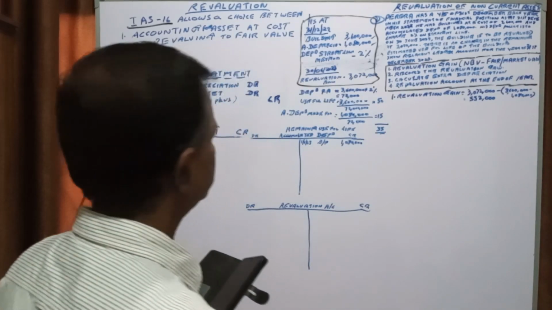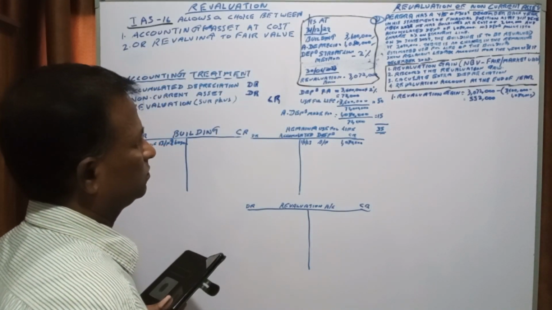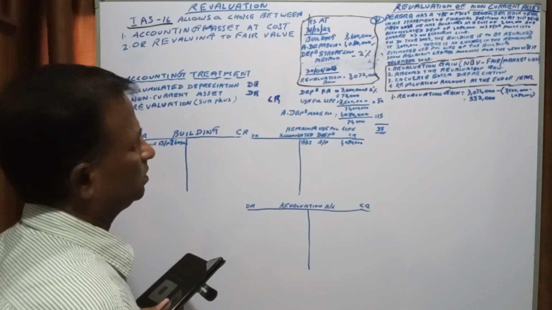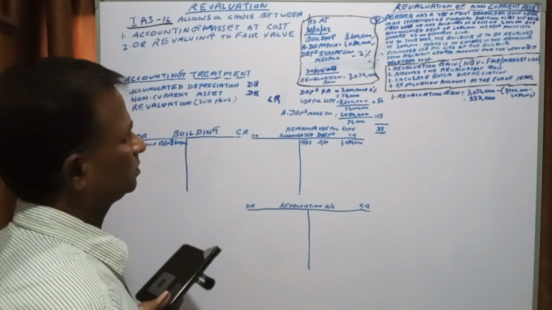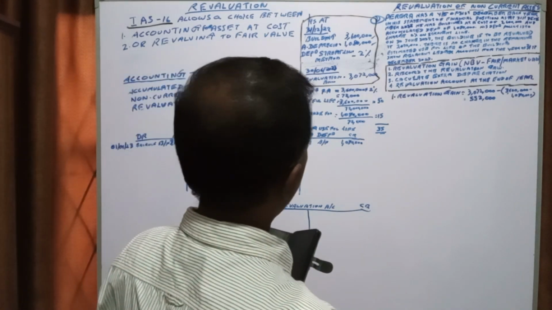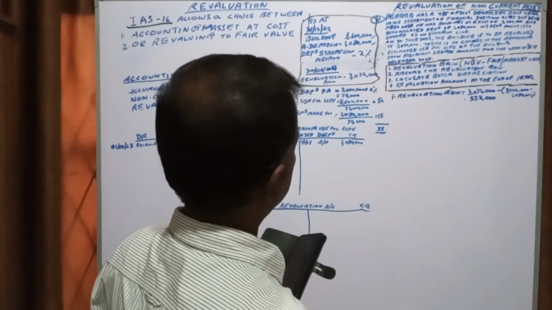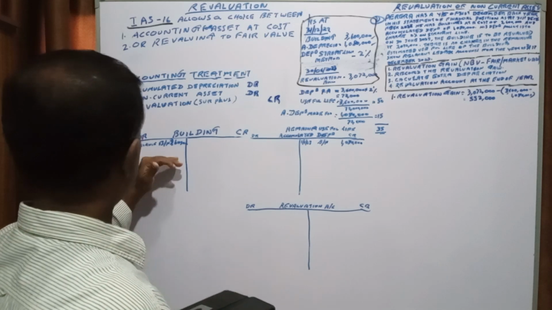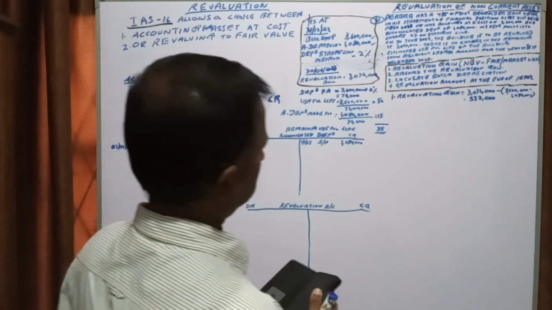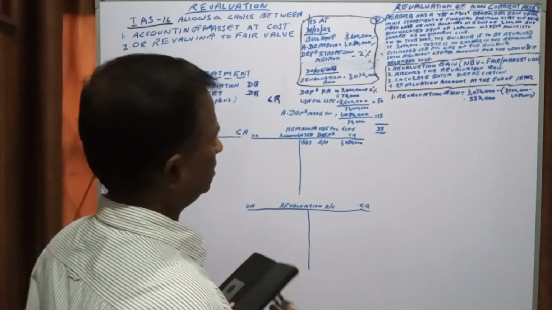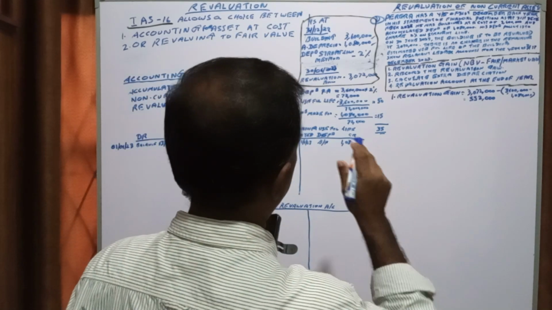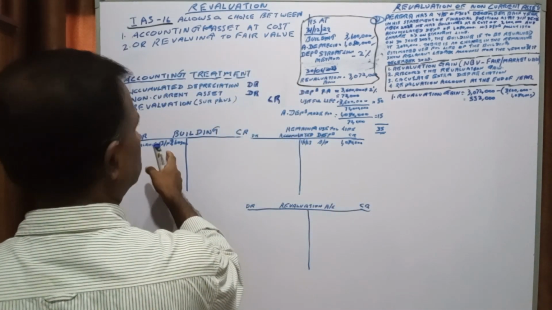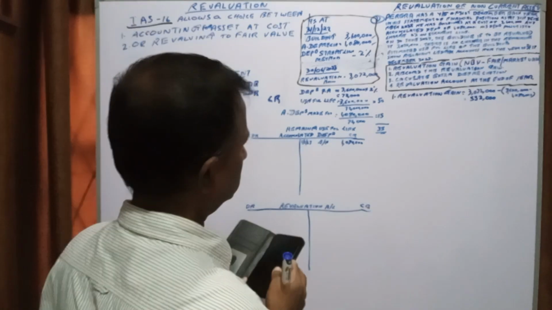Okay. So here the book value should be 3,072,000.